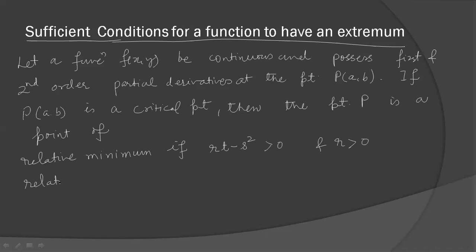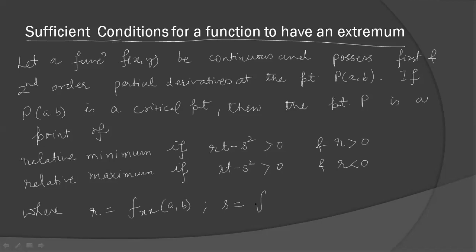P is a point of relative maximum if rt minus s square is greater than 0 and r is less than 0, where r is the second derivative of f with respect to x at (a,b), and s is the mixed derivative f_xy at (a,b), and t is the second derivative of f with respect to y at (a,b).